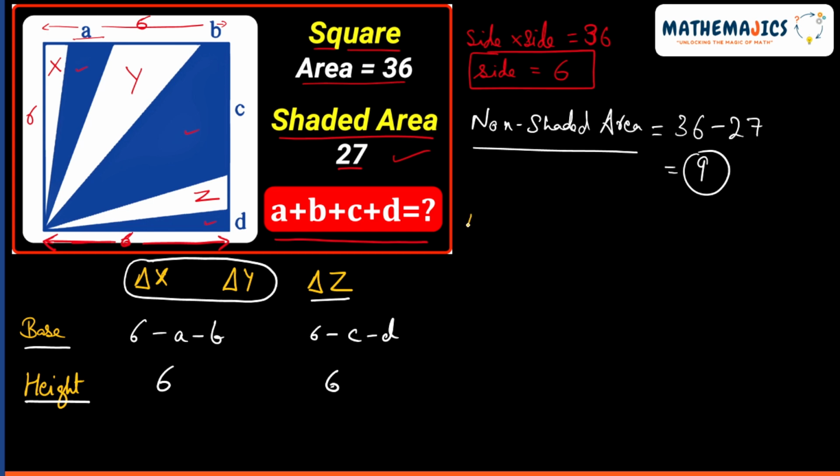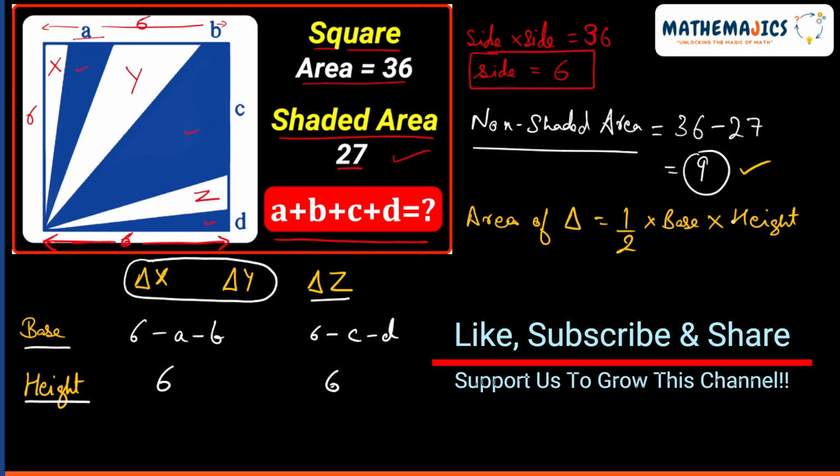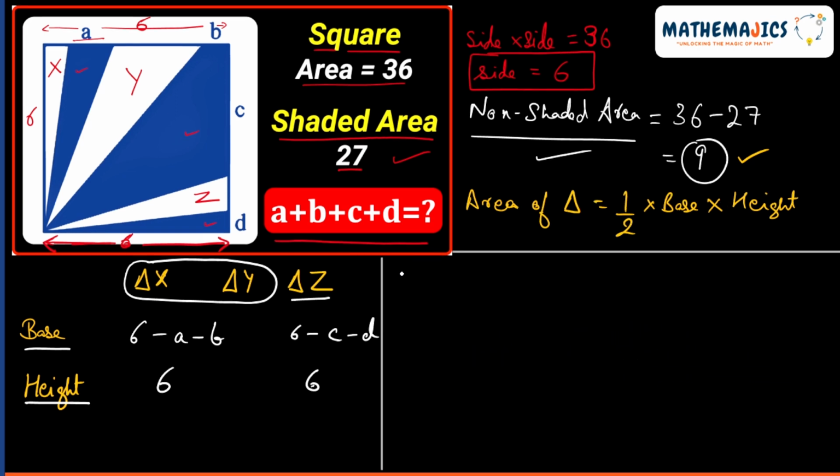Because the area of any triangle is half times base times height. Now we will use this formula to write the non-shaded area, that is 9. Let's see how. Now we can add the area of triangles x, y, and z. Half times base.